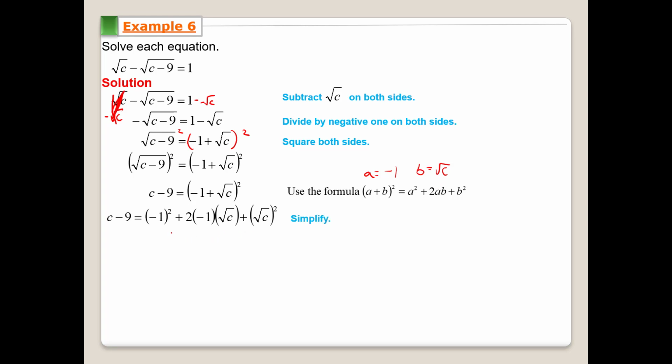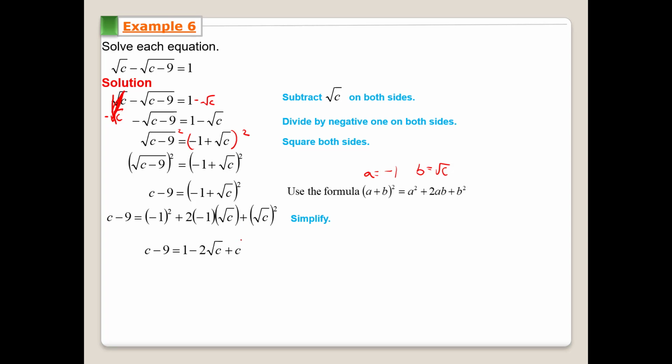So now we just need to simplify. So if we do that, we should get a 1 out of this, so take care of the negative, minus 2 square root of c plus c. So we get c minus 9 equals 1 minus 2 times square root of c plus c.